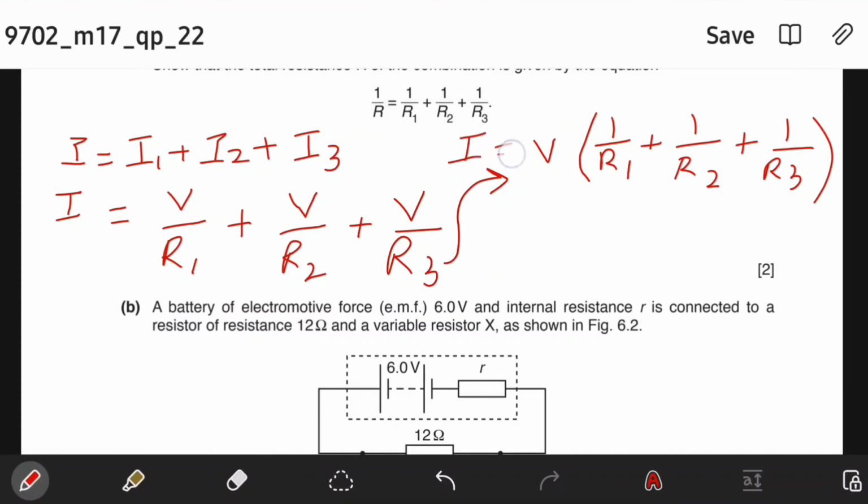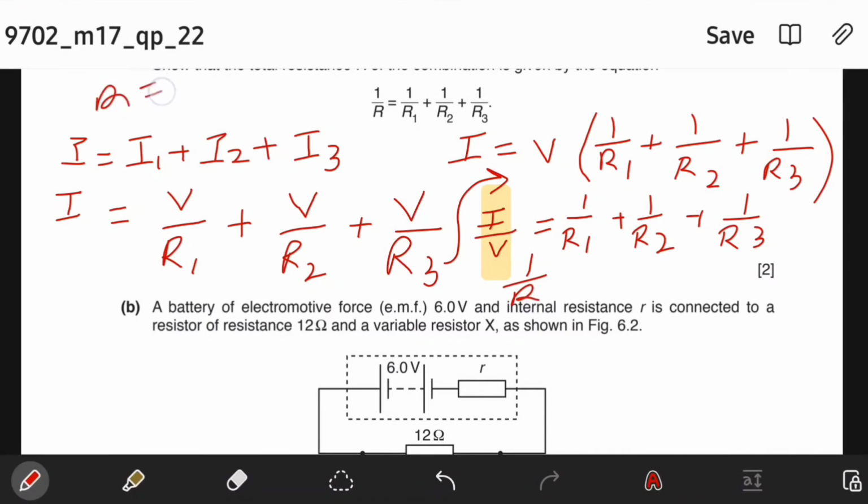This is equal to I. Now shift this V and it becomes I over V is equal to 1 over R1 plus 1 over R2 and 1 over R3, and this right here would become what? 1 over R, since R is equal to V over I. And just write all the others the same.